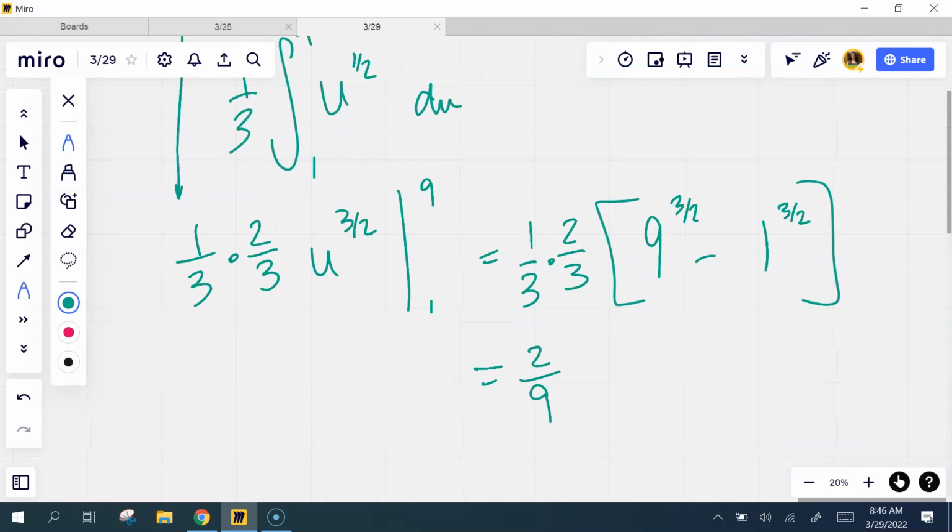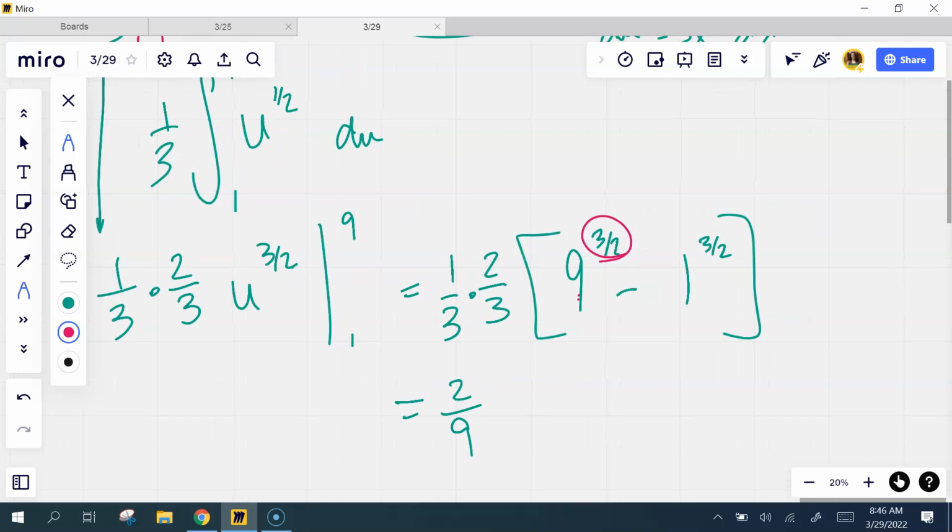So if you don't remember rational exponents, again, algebra comes back to bite you in the butt. 3 over 2, that's the second root of 9 raised to the 3rd power. Remember the sunshine? I don't remember the sunshine about who gets burnt.